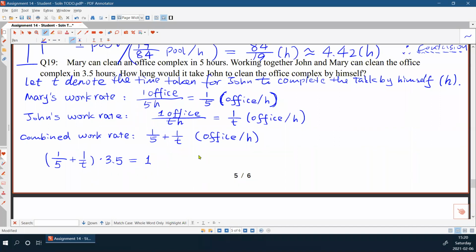How do we solve it? Okay, first, let's expand this formula. This gives you 0.7 plus 3.5t, which is 1, right? And move the 0.7 to the right-hand side of the equation. This gives you 3.5t equals 0.3. And t is 3.5 over 0.3, which is 35 over 3.